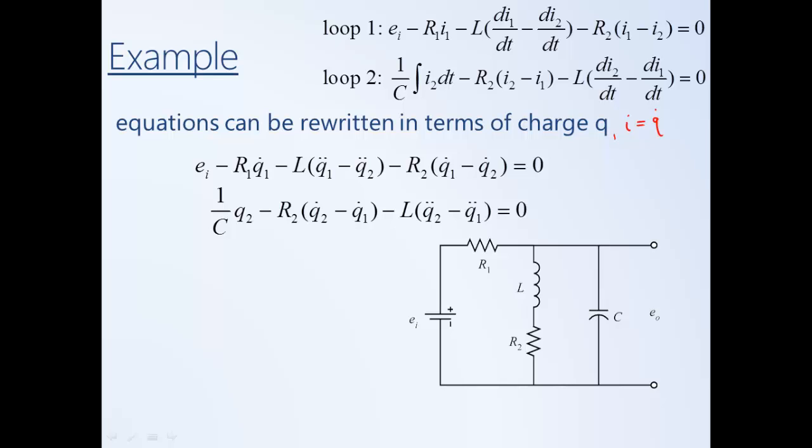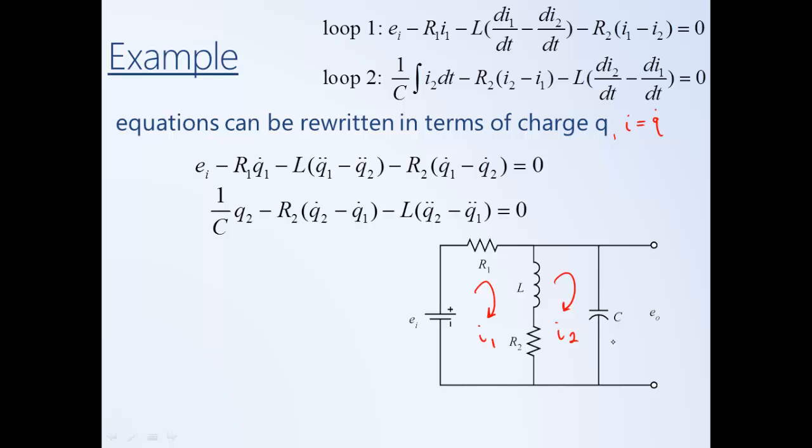In this case, the Q2 has a very physical meaning. So Q2, if we recall, I1 was the current through the first loop, I2 was the current through the second loop. So since I2 is the current through the capacitor, Q2 is the charge built up on this capacitor.